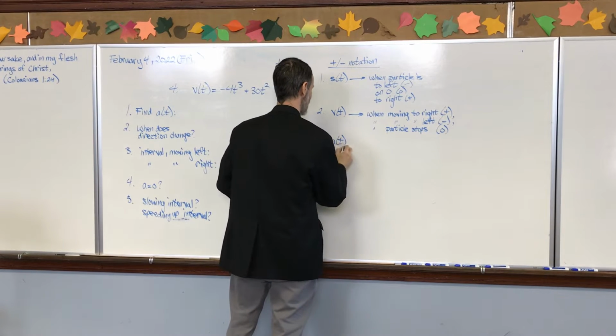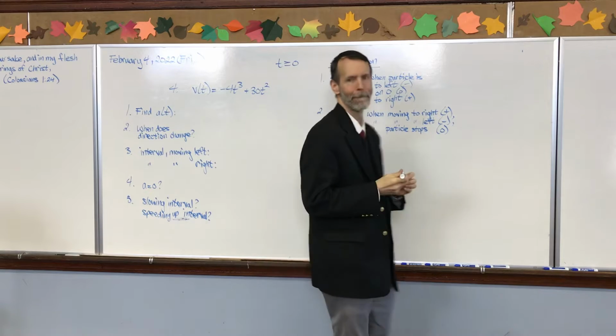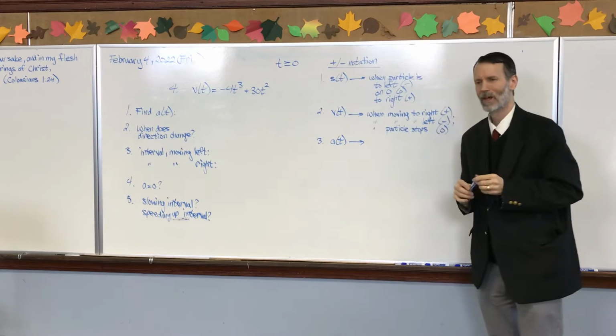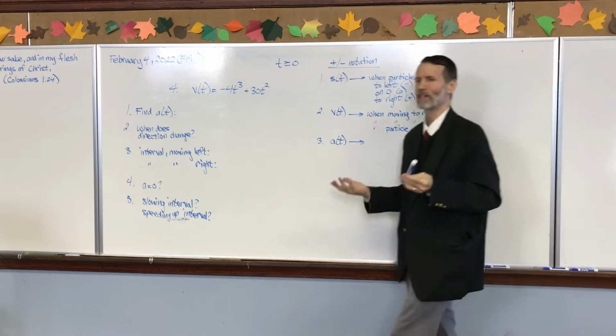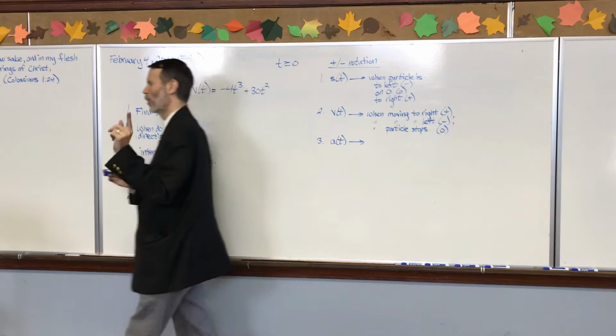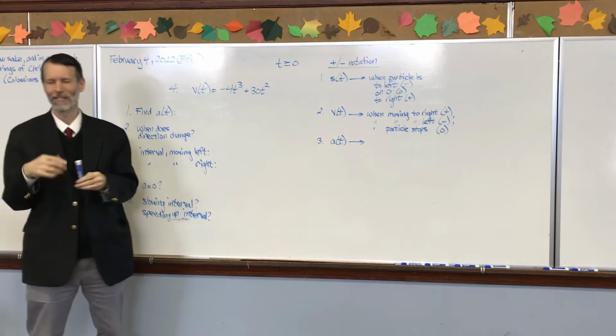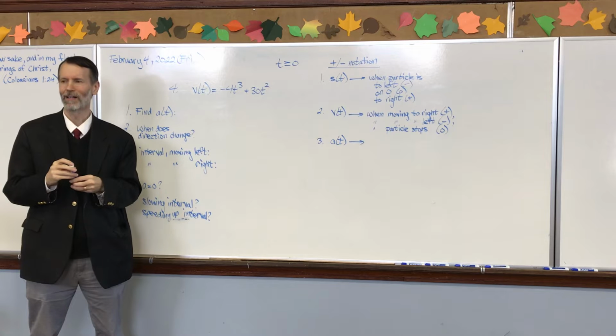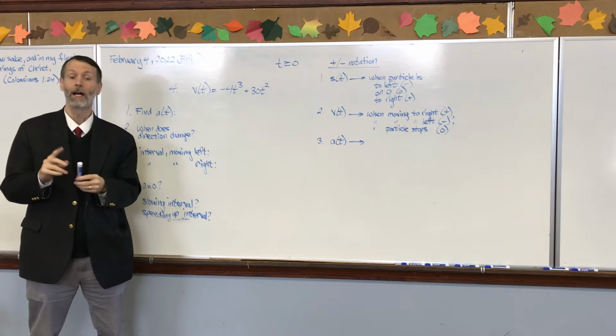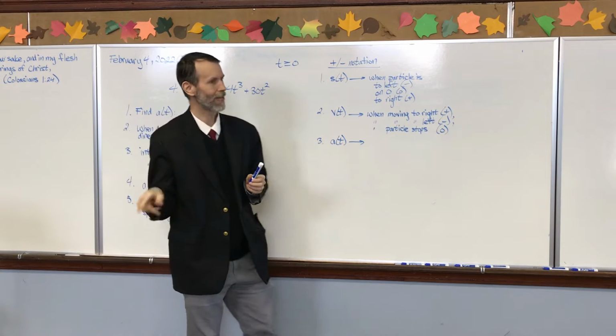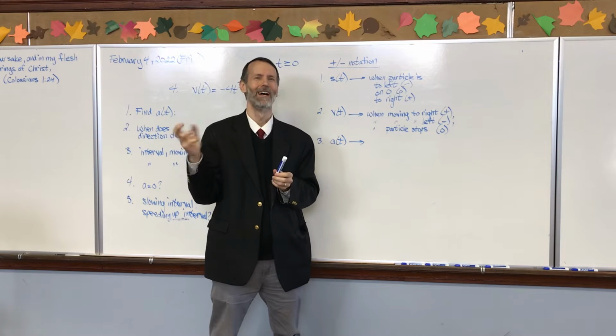What happens if you do plus-minus notation on the acceleration? What does that tell you? Pretend that the acceleration is positive. Julius, what would that mean? If the acceleration is positive, what's happening? Kind of. You're so close.